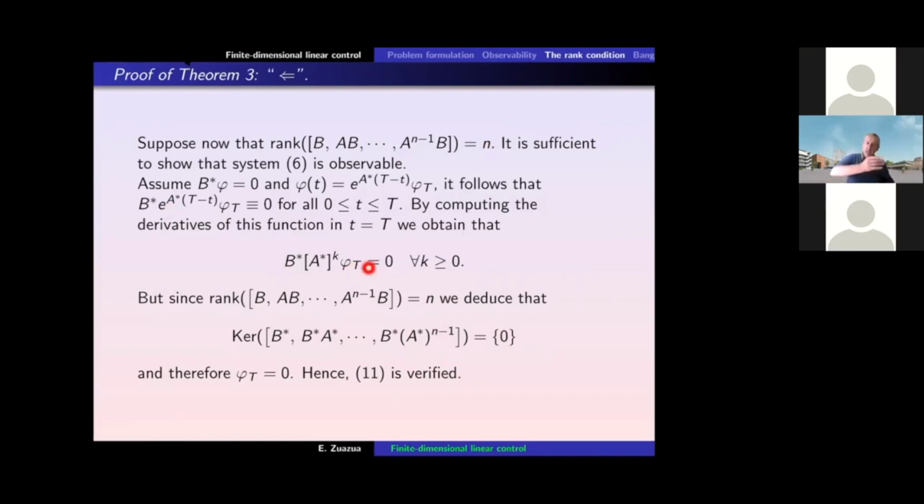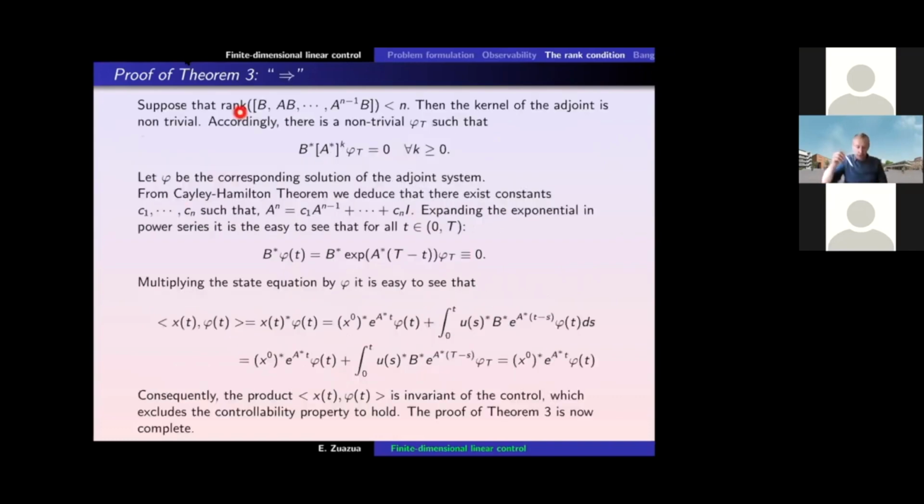Now, let us do the second proof. Let us now show that the rank being full is not only a sufficient condition, but is also a necessary condition. So let me assume that the rank is less than n.